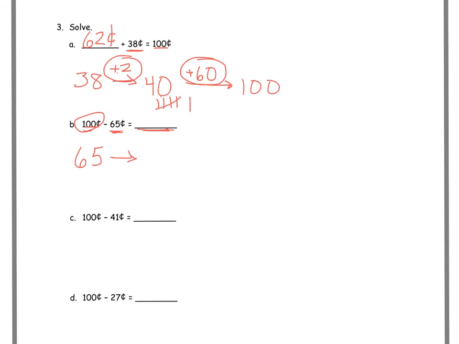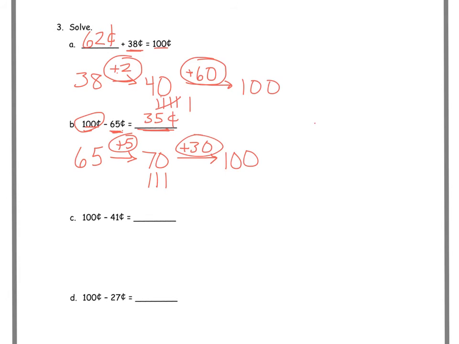So I want to try to get to my next 10. So if I add 5, it'll get me to 70. And then I can go from 70, counting by tens, 70, 80, 90, 100. 3 tens is the same as 30. So if I add these two, I get 35 cents.